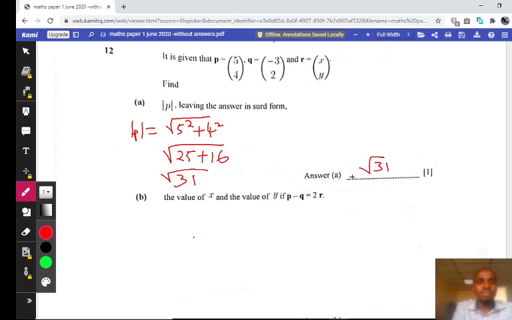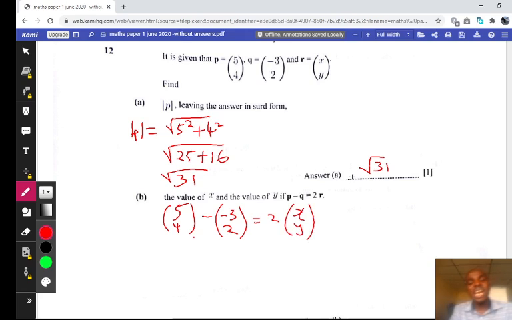So let's do it. Vector P is (5, 4), minus Q which is (-3, 2), is equals to 2 times R, which is 2 times (X, Y).